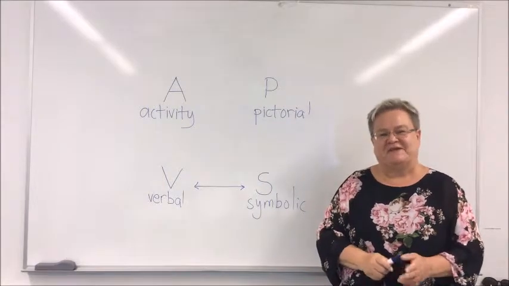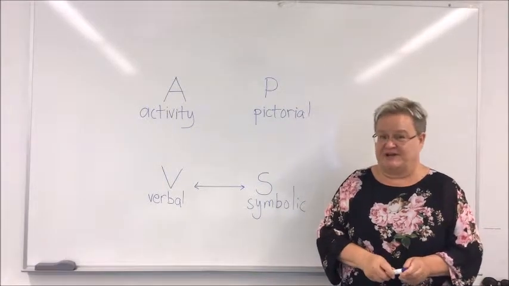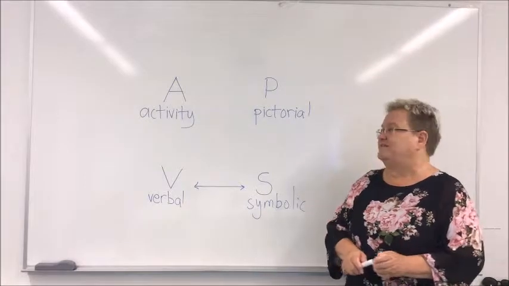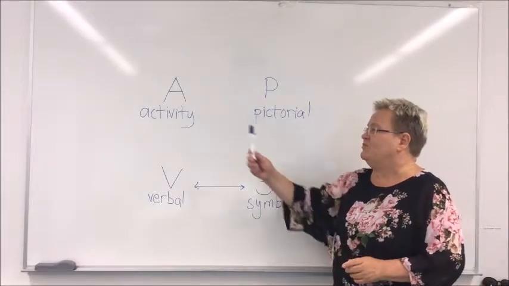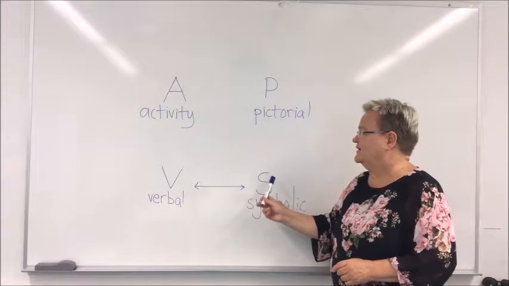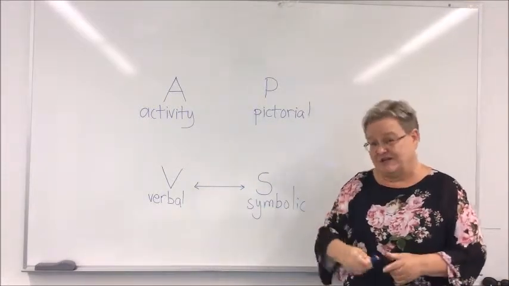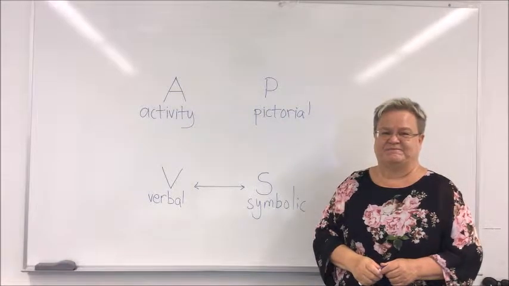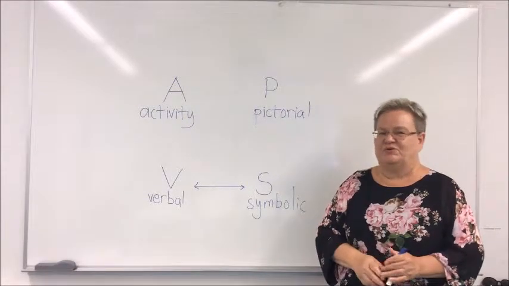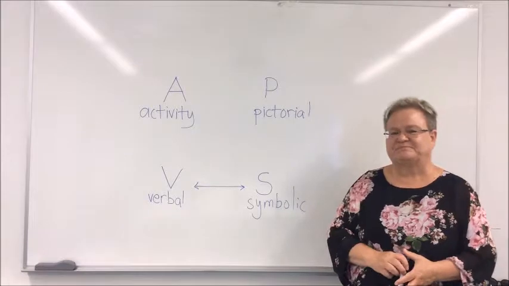It can be said that a child has a rich number concept if she or he can move fluently from any representation here to any other representation. Let me give you a few examples.